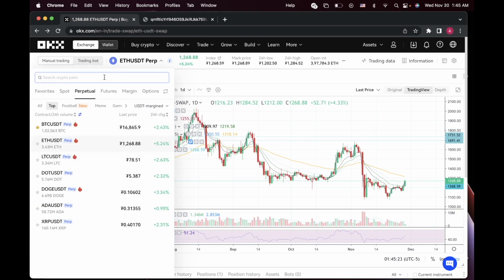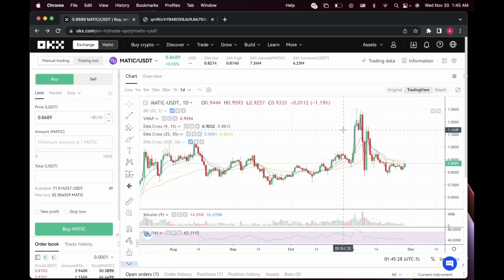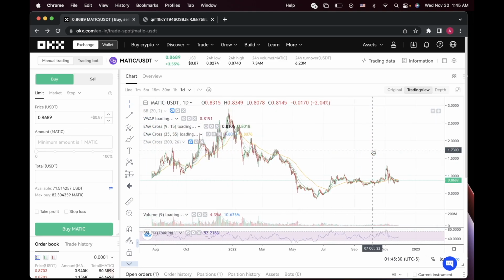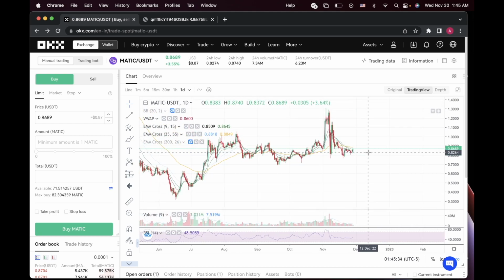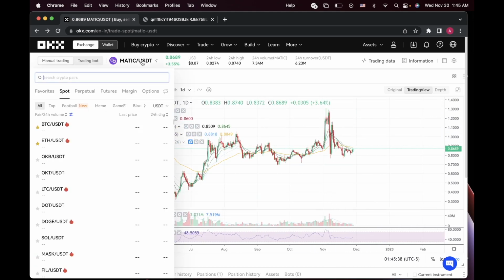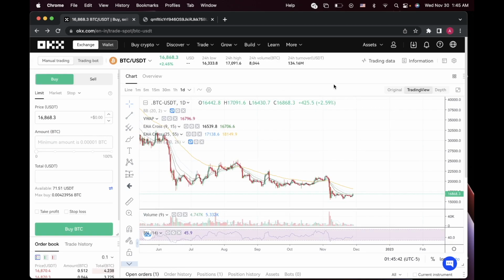It doesn't matter, we can go and see Matic. Matic has the same big move here as well. So that's why right now I'm trading Bitcoin and going through the different stages of this move.